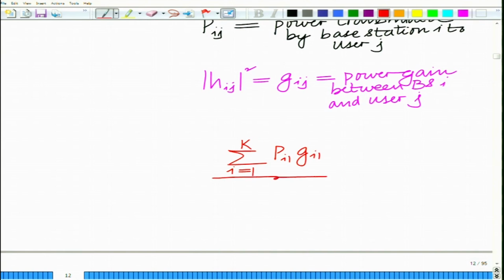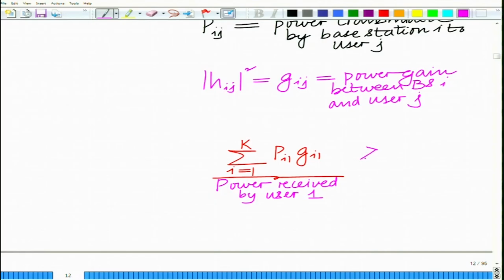This basically is the power received at user 1, that is the sum of the powers received from all the base stations, alright.